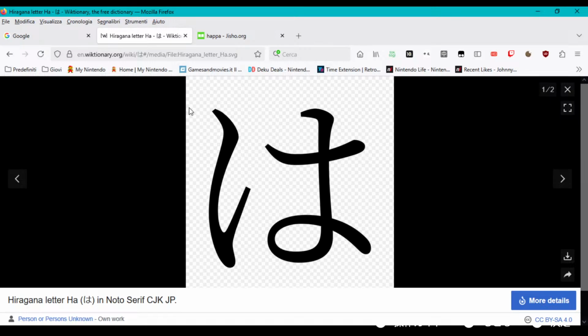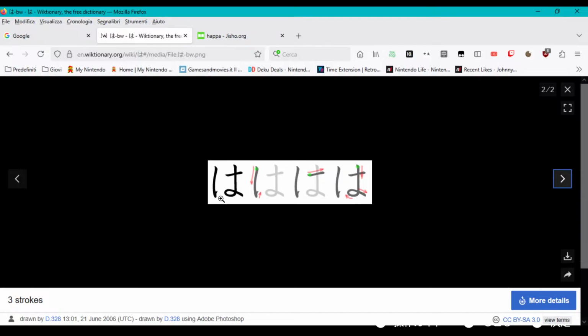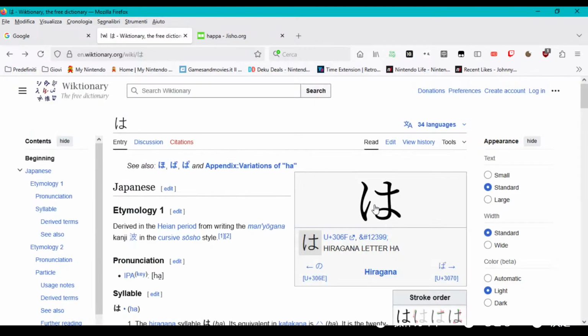As usual, from left to right globally, top to bottom, left to right, top to bottom with a circle, top to bottom, left to right, top to bottom with a circle. You can see it also here, top to bottom, left to right, top to bottom with a circle.